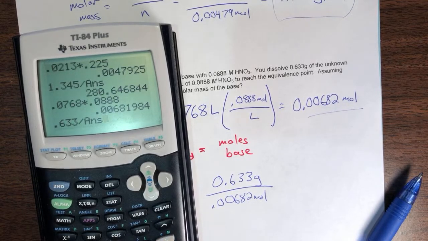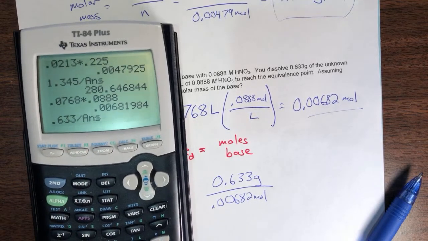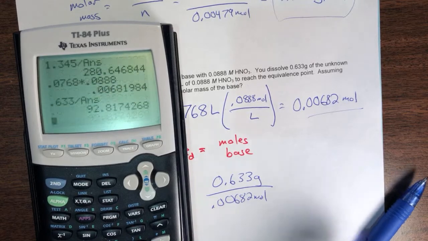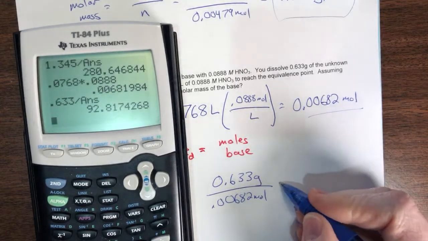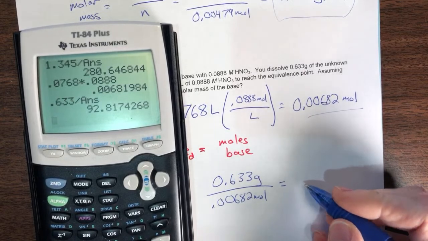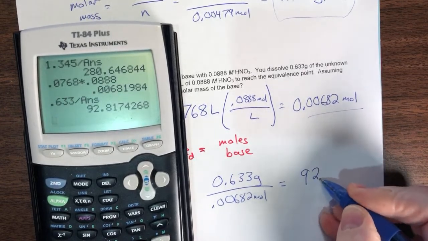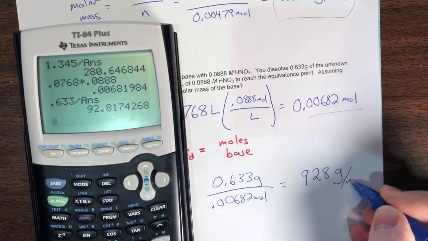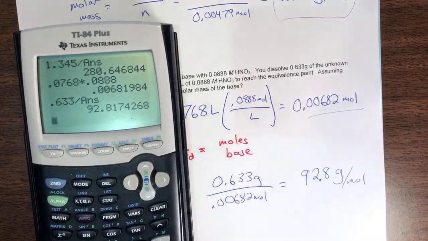It's a very good habit to always use the previous answer or to store numbers in your calculator. And our final answer here is 92.8. I do think we have 3 sig figs, so it should be 92.8 grams per mole. All right, that's it for the homework.